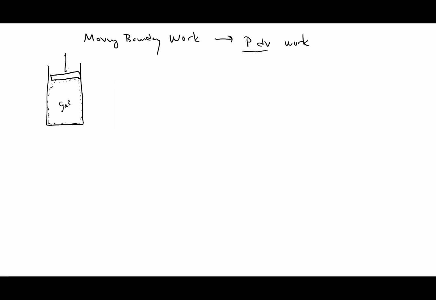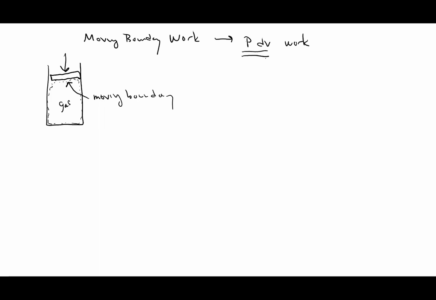Then this piston is going to be moving up and down, and so what we have right here is a moving boundary. So we have a moving boundary in our system, and that's why this is called moving boundary work. And we're going to see why it's also called PdV work as we go through the analysis.